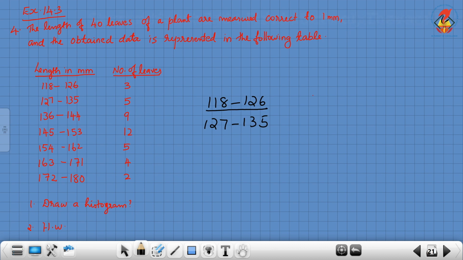What is the upper limit of the first class? That means the greatest number, 126. What is the lower limit of the next class? 127. What is the difference between these two numbers? 1. What is half of the difference?